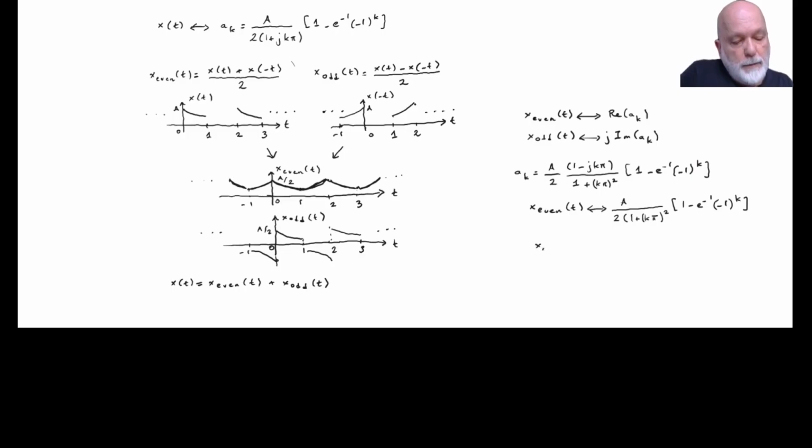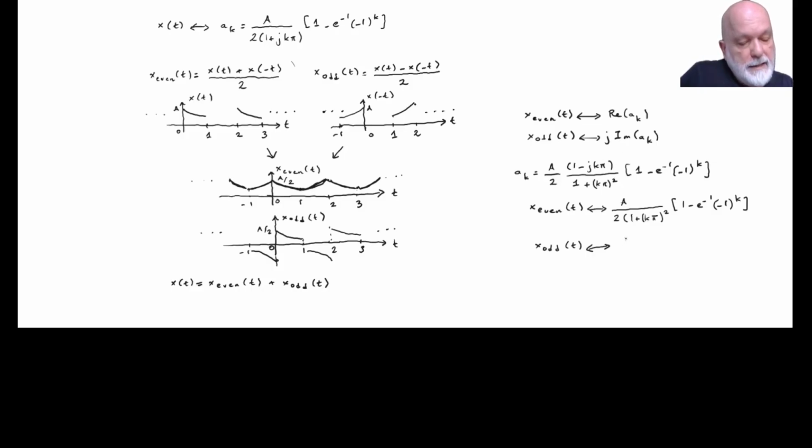And for the odd part, we have j times the imaginary part. The imaginary part can be obtained from this expression as well.